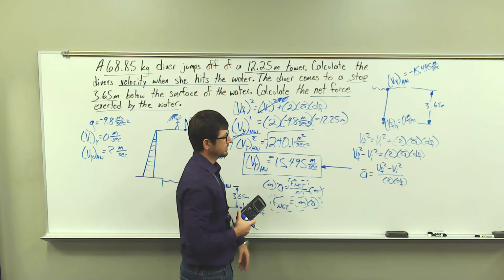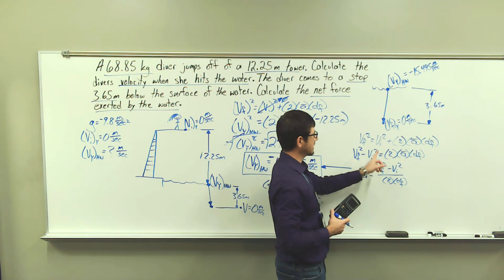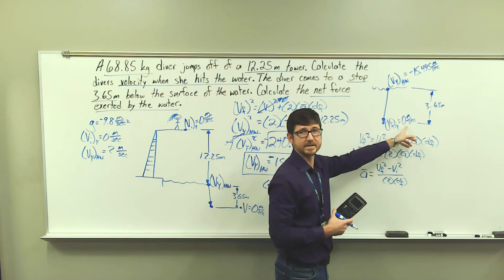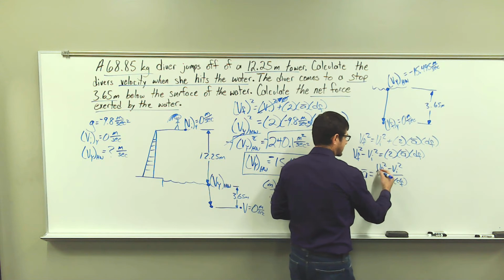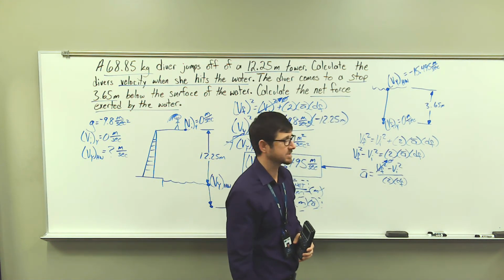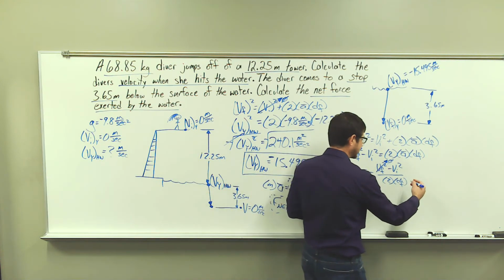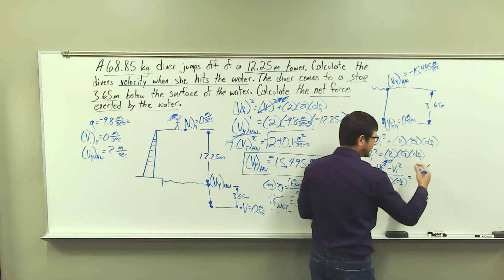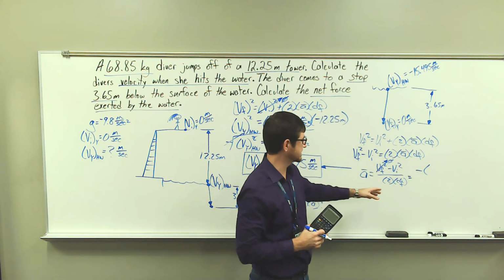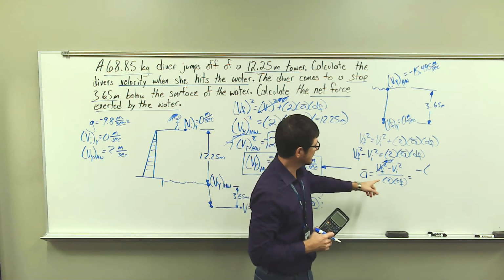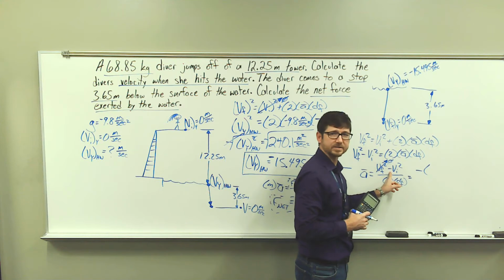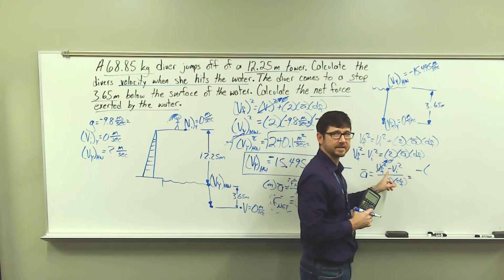So the final velocity squared right here, we already know it's 0 meters per second. Boom. This goes to 0. We don't need to mess with it anymore. So in my numerator, I have minus, and we need to utilize our parentheses here because by the equation, we have to keep this minus sign there.